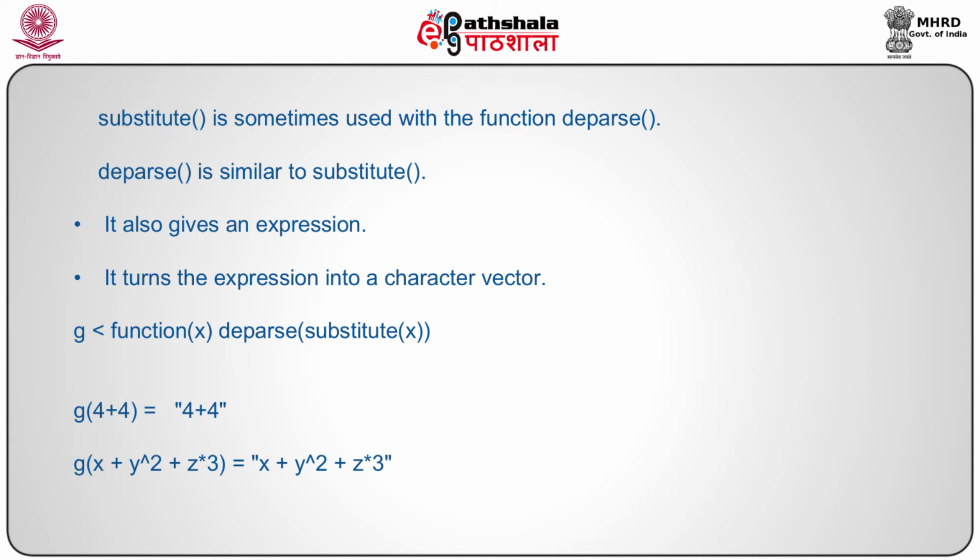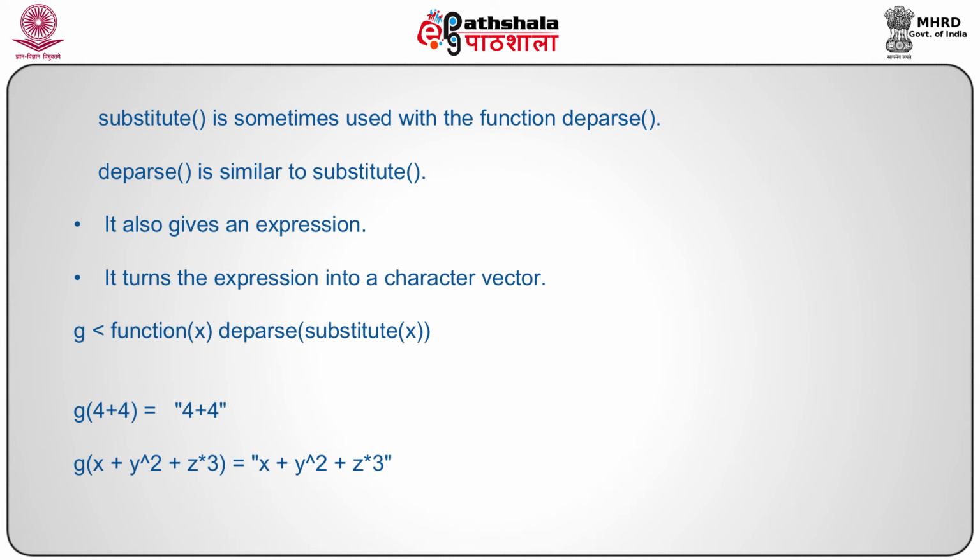For this, let us consider this example. Here, g is a function of x containing deparse of substitute of x. So here is our g. Now the question is, what does the function return? The function will return the expression that we have got using the substitute function. We are showing the output here.